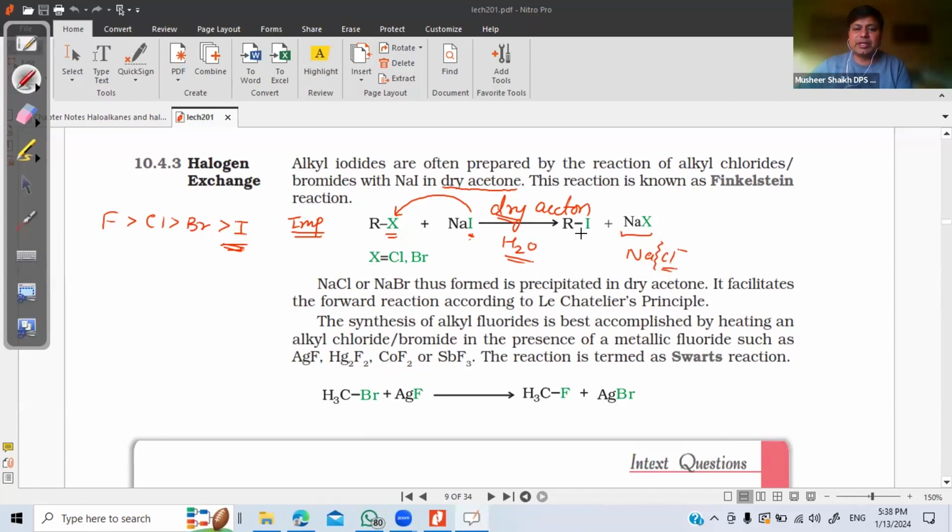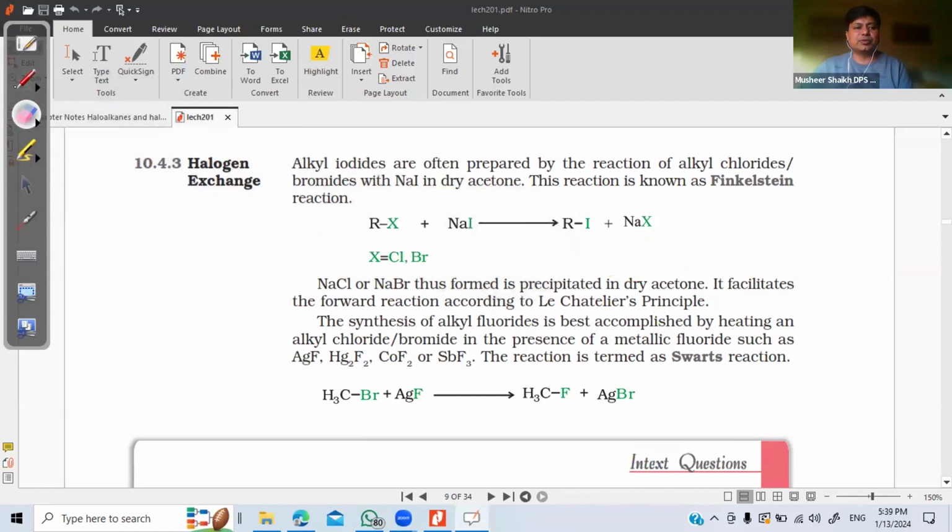It will displace the iodine because these are more reactive. So chlorine can easily displace iodine here, and there is a very good chance that you will find the backward reaction. So acetone is used as a solvent and also prevents the backward reaction.